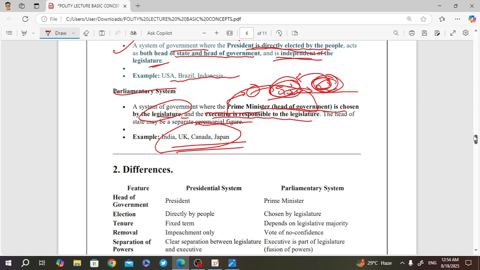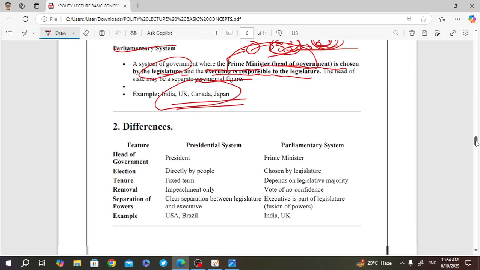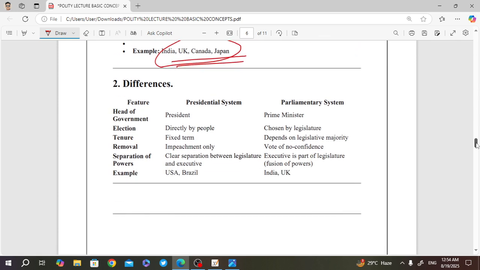Now, the difference I have already discussed. The head of the government here is the president. Here it is the prime minister. The president is directly elected by the people. There is no council, but here the prime minister is chosen by the legislature. That means the people elect the council, then there is the leader.